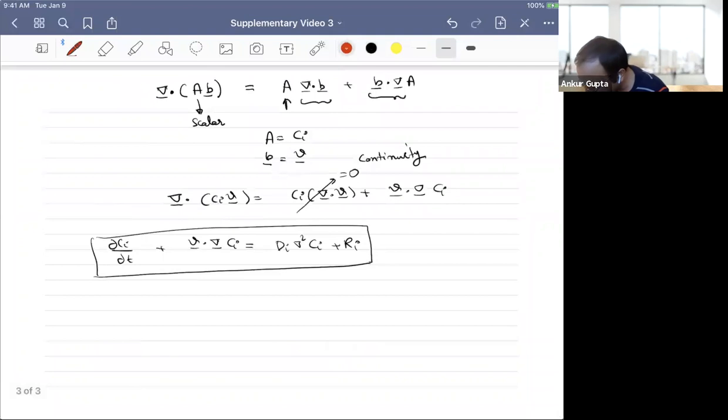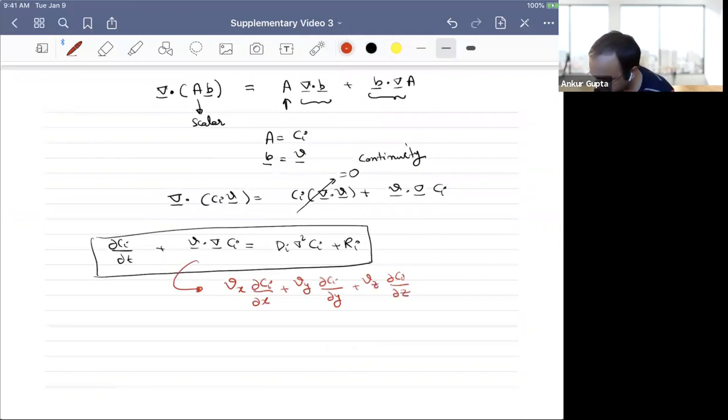For completeness, this means Vx ∂ci/∂x plus Vy ∂ci/∂y plus Vz ∂ci/∂z. I hope this is clear.